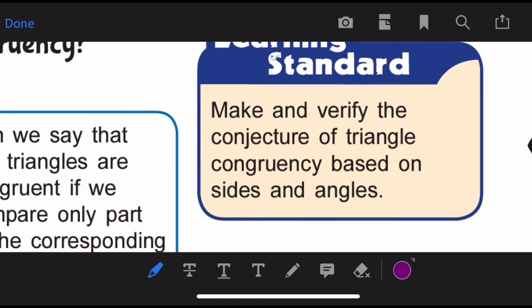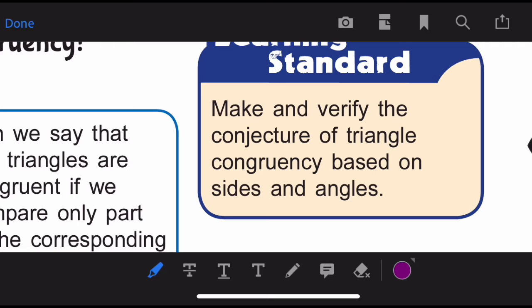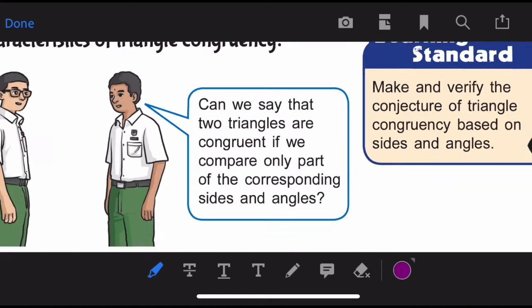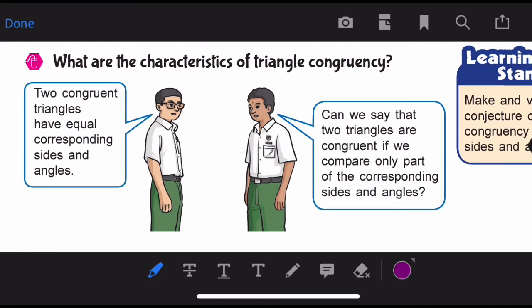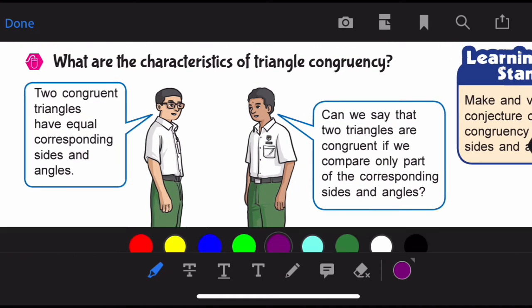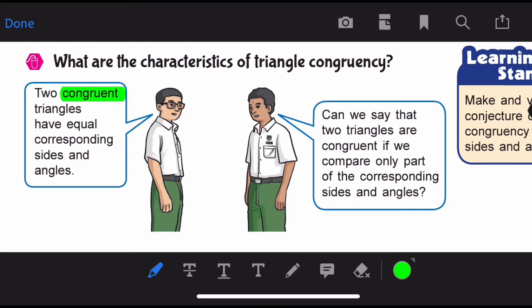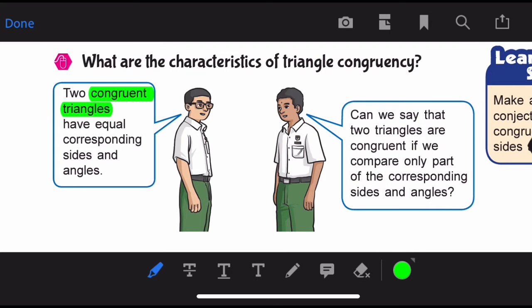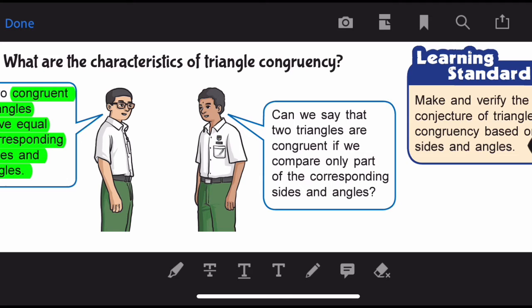The learning standard is to make and verify the conjecture of triangle congruency based on the sides and angles. So two congruent triangles have equal corresponding sides and angles. Okay, can we say that two triangles are congruent if we compare only one part of the corresponding angles and sides?